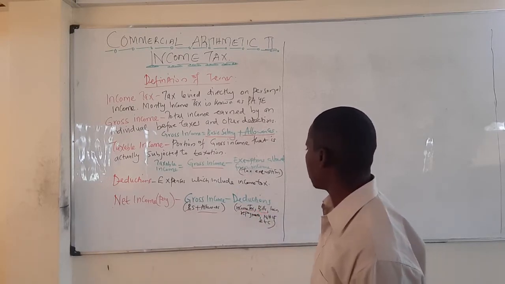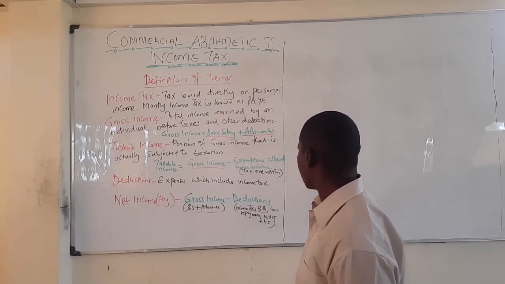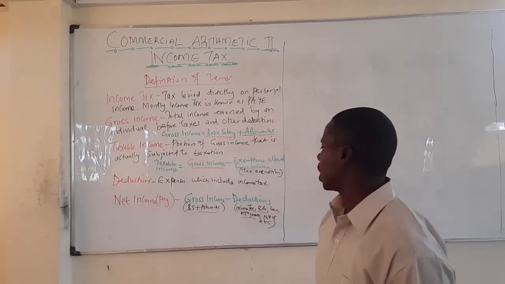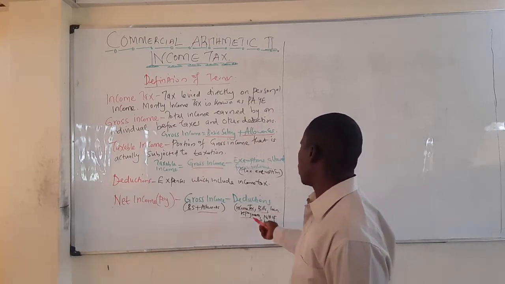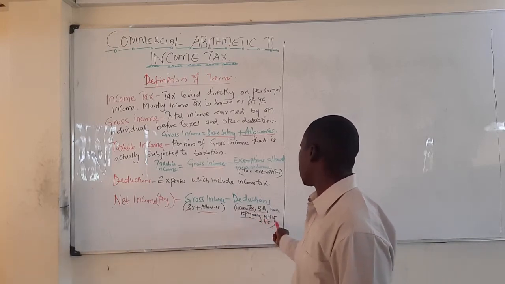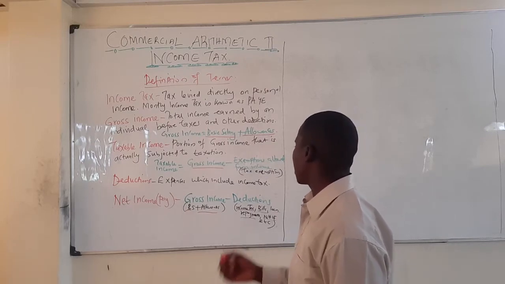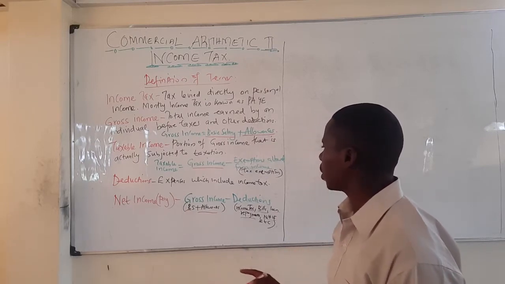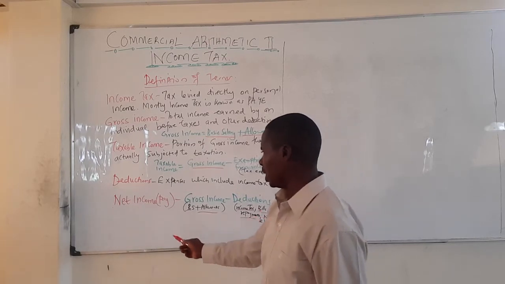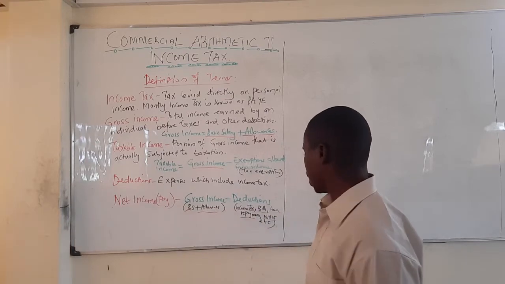You may be having maybe water bills, electricity bills, and so on. A person may be having loan repayment, then those are going to be deductions. A person may be having things like NHIF, among any other thing that is going to be deducted from the person's salary. That is what we talk about as the deductions. So the net income will be given by the gross income minus deductions.